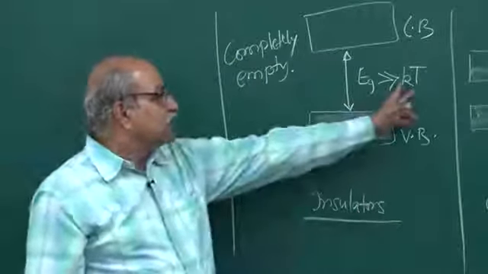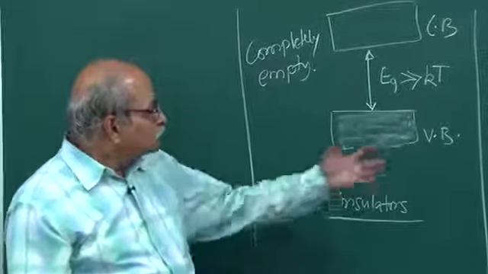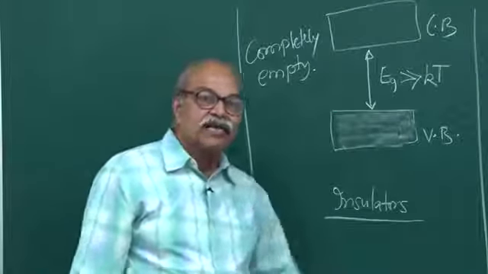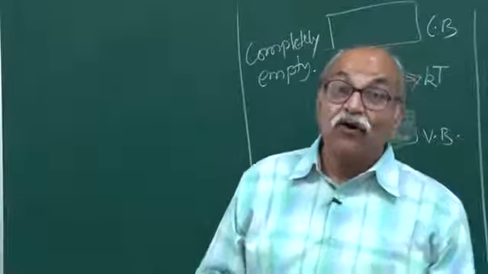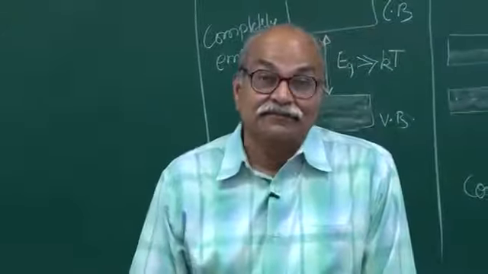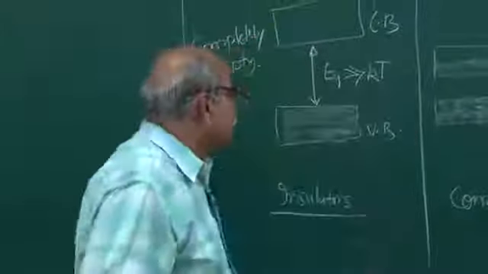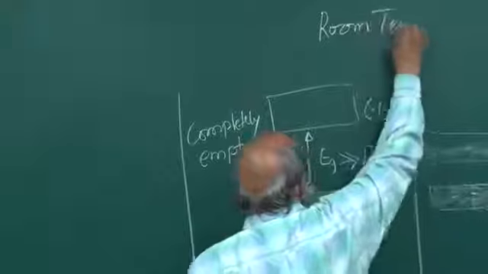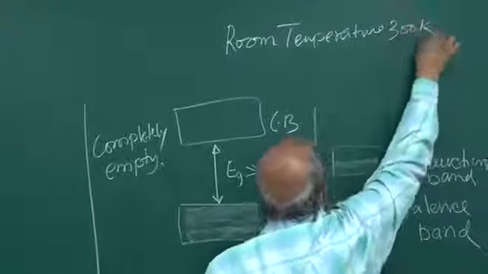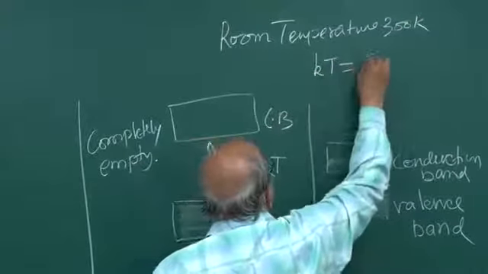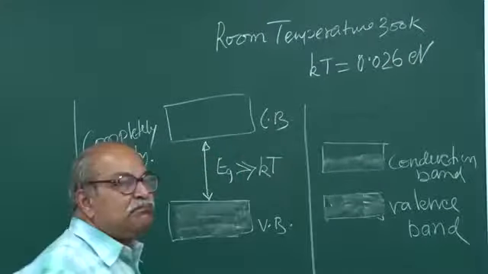Now let's talk about this kT business. As I told, through thermal interactions, electrons and the lattice keep exchanging energies, and that energy exchange is on the average of the order of kT. So if this k into T, for example, at room temperature 300 K, this k into T is 0.026 electron volts or 26 milli electron volts.